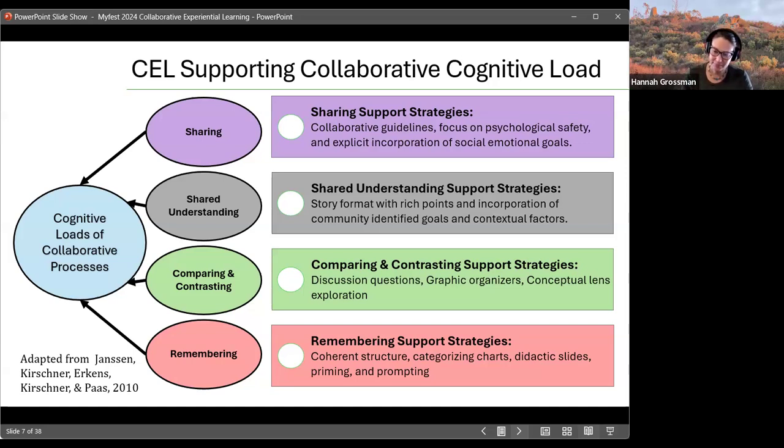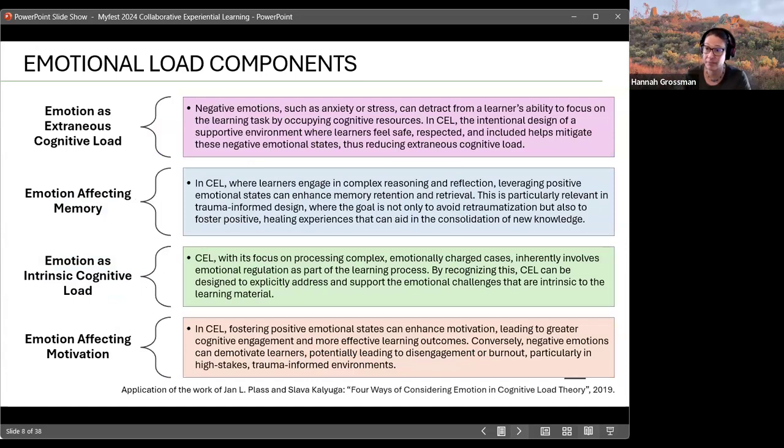So we started with, hey, collaborative experiential learning is based in cognitive load. We went to collaborative load. But collaborative experiential learning has another cognitive load feature that is unique in a cognitive load model, and that is emotional load components.